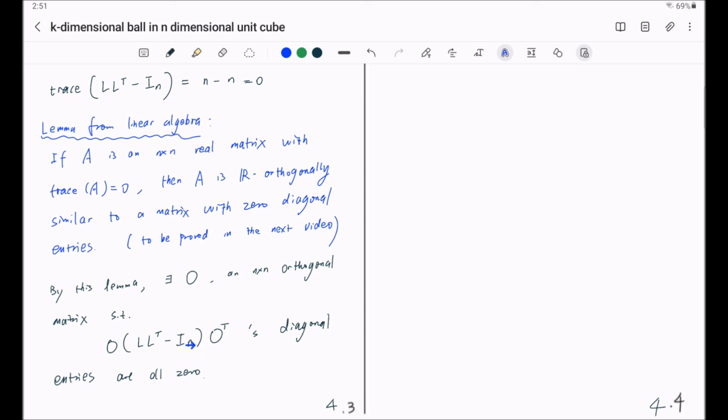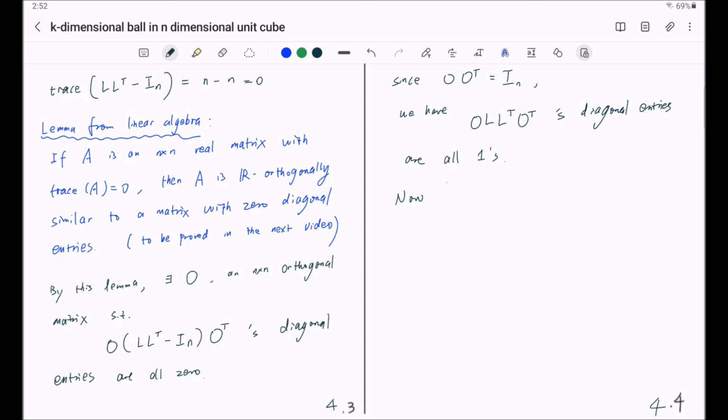And it follows from here and the fact that O O transpose is the identity matrix, we have O L L transpose O transpose has diagonal entries all ones.